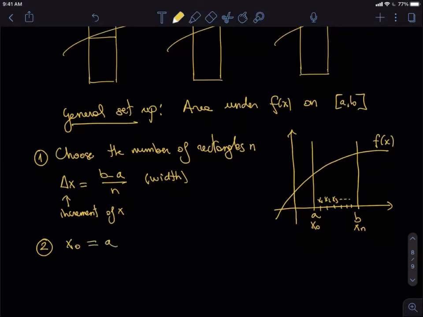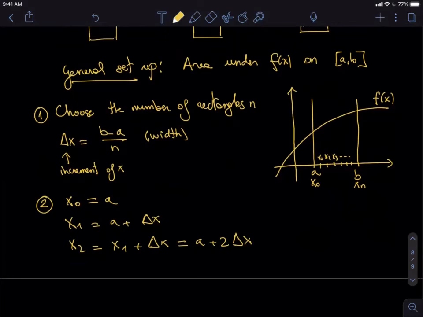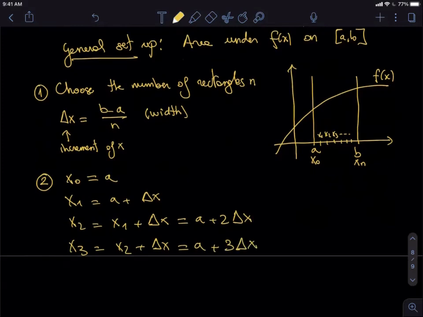X0 always is a. Okay, x1 is a plus the increment. Okay, x2 is x1 plus the increment again, or if we want, is a plus 2 increment of x. x3 is x2 plus the increment, or a plus 3 times the increment.